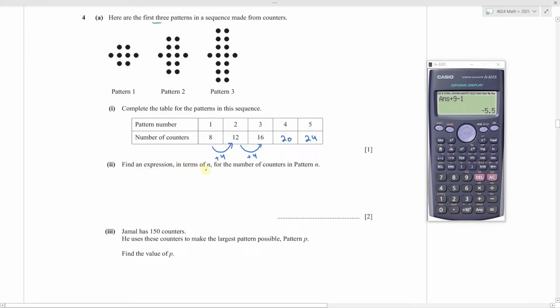Find an expression in terms of n for the number of counters in pattern n. So if you look at the pattern number and the number of counters, let's establish a sequence here.